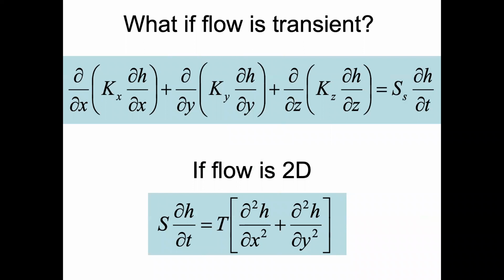So when we come back to this, when we think about our equation, we can write our groundwater flow equation, this one being in 3 dimensions on the top, thinking about that specific storage here. Or if we take into consideration the thickness of our aquifer, we could say it's the storativity of our system over a change in head, over a change in time.